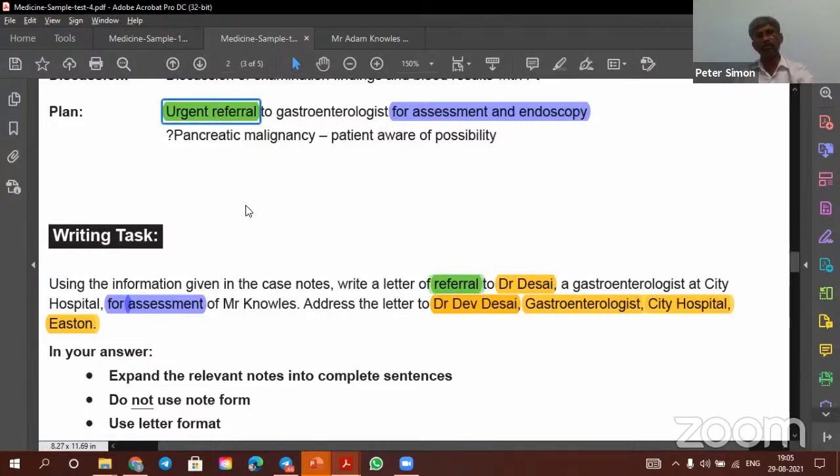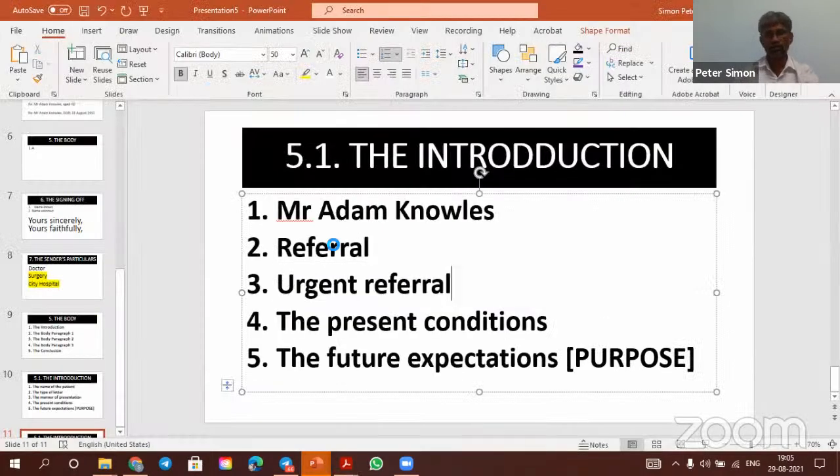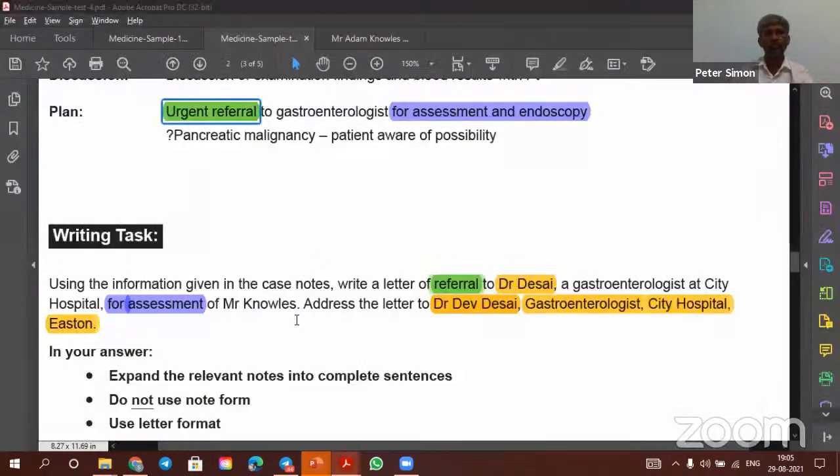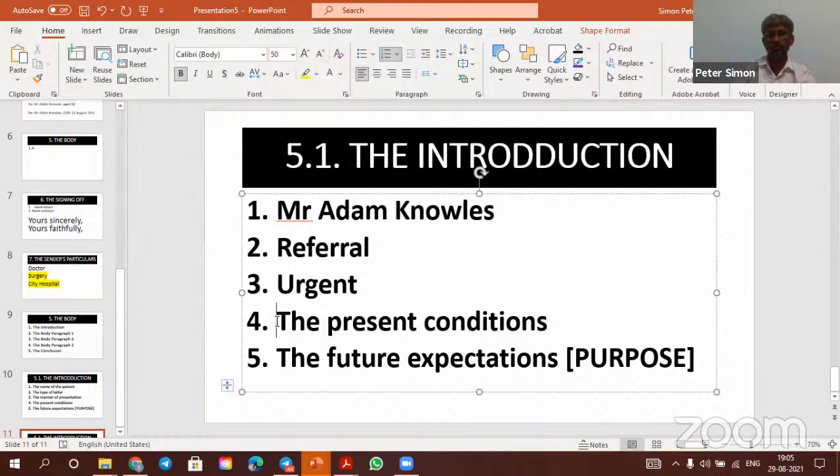Copy the text. It's urgent. The manner, the style is urgent. Manner of letter, urgent or not urgent.